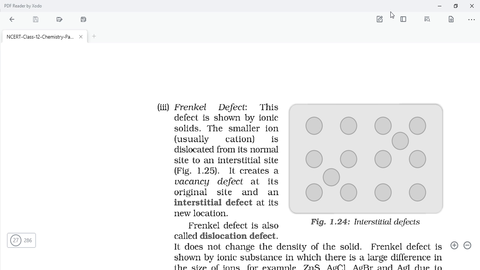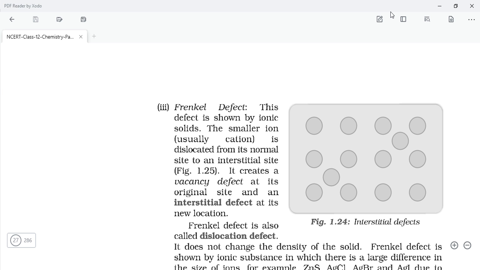So if we put the same cation in a different position where it is not expected to be, then it is an interstitial defect for the new location and a vacancy defect for the native location.